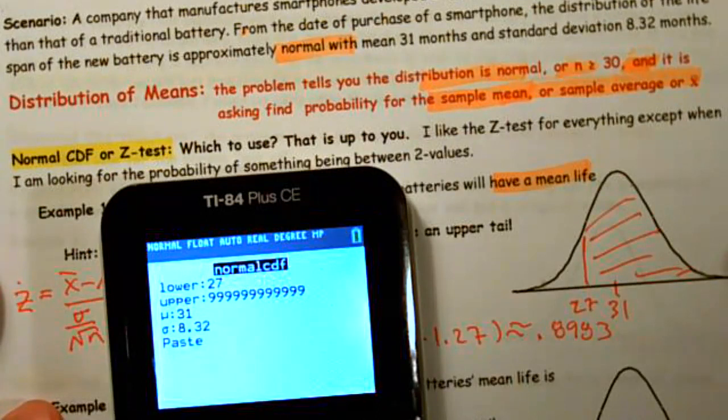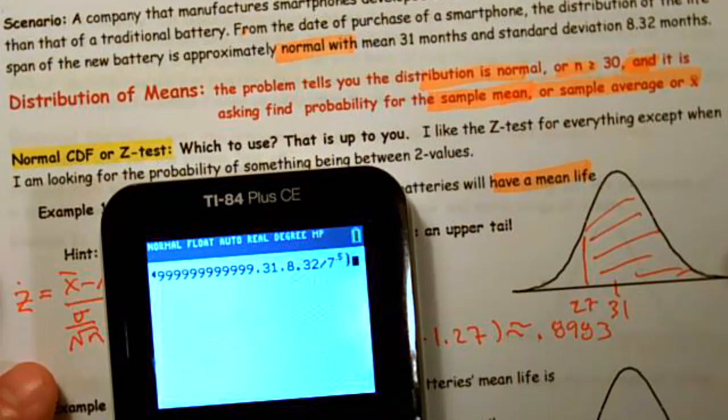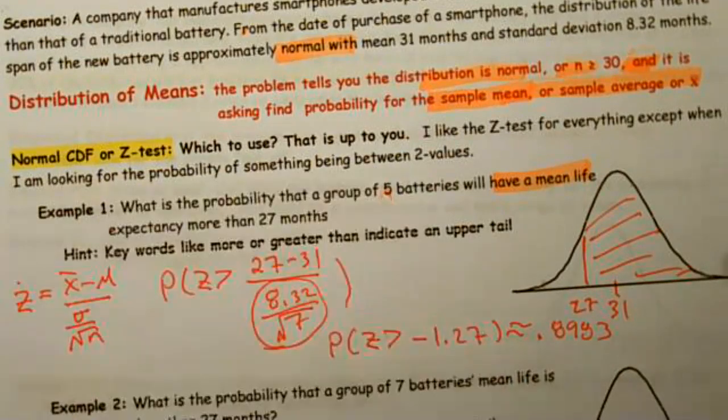My mean is still 31. My standard deviation is 8.32 divided by the square root of 7. I just do 7 to the half power, but you can use the square root sign if you prefer. And obviously we get 0.8983, same thing. All right, so two different ways to approach that problem.